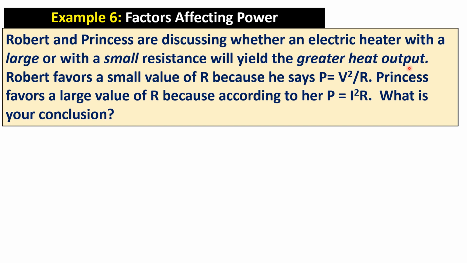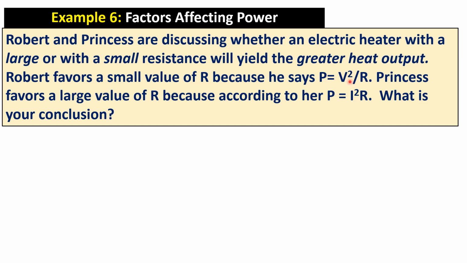All right, and according to Robert, a small value of R, meaning the resistance of a heater, is what can produce the greater heat output, because he is using this formula for power.